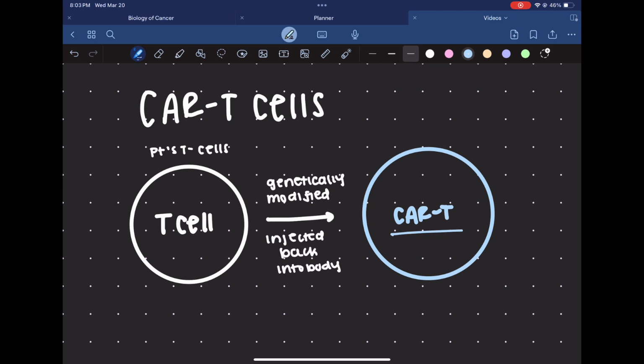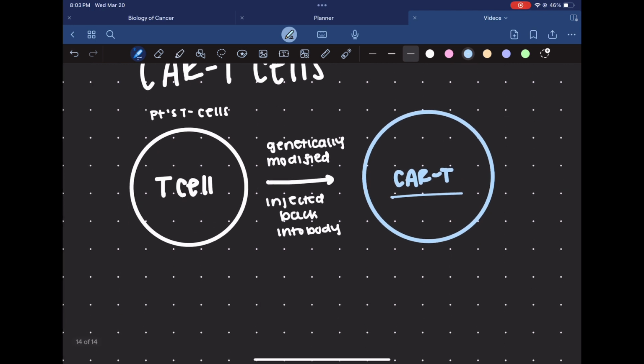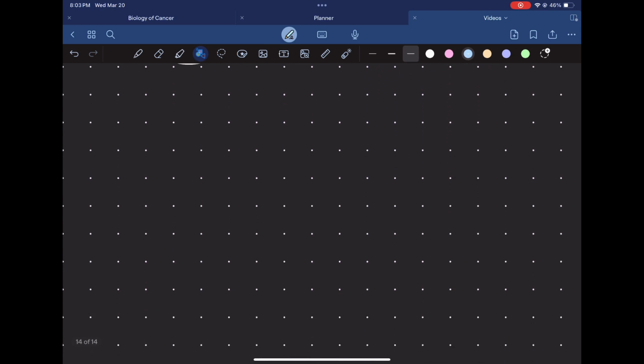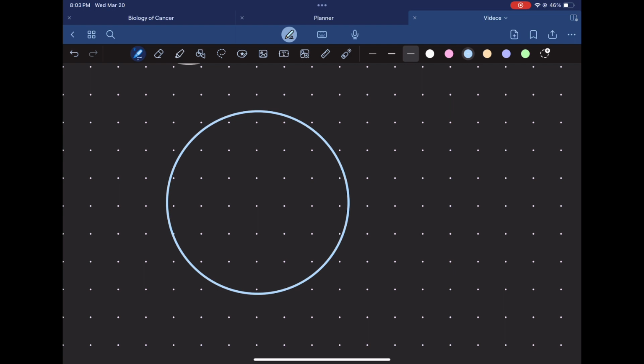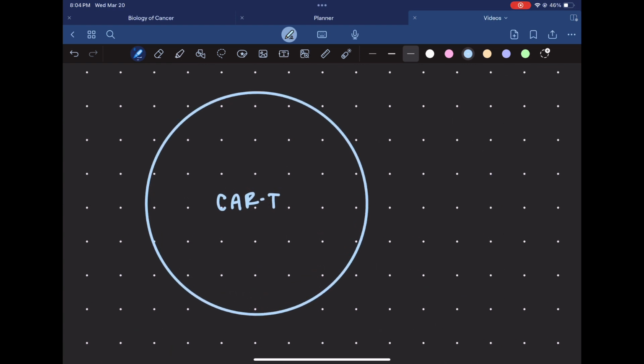So we're going to draw out the three big modifications that happen with CAR T cells to start. Here's my CAR T cell. And again, all of these modifications are made genetically. So we alter the genetic code of this cell to change the expression of certain proteins.